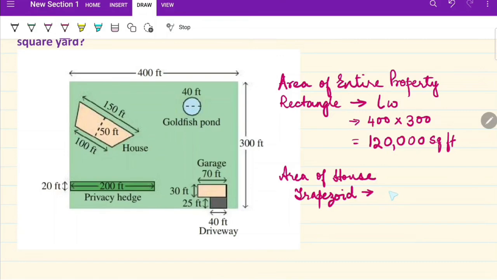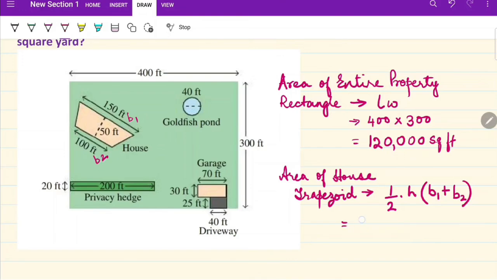The formula for that is 1/2 multiplied by height and then the two bases summed up. So within brackets, B1 plus B2. So let's call this one B1 and this one B2. All right, and let's apply the formula.